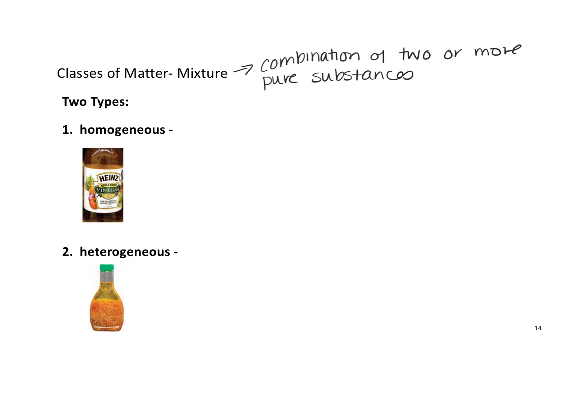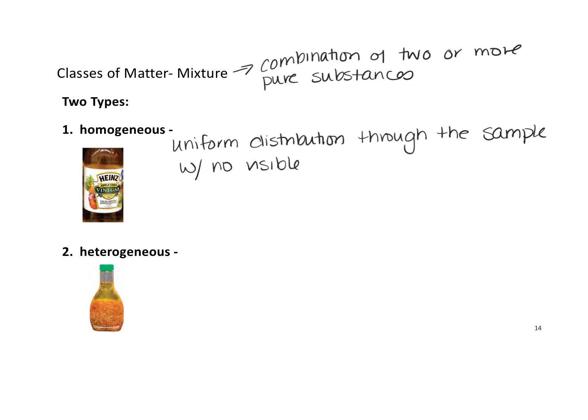And we can have a homogeneous mixture where you have a uniform distribution through the sample with no visible boundaries. These can also be called solutions. So that's another word for homogeneous mixtures.